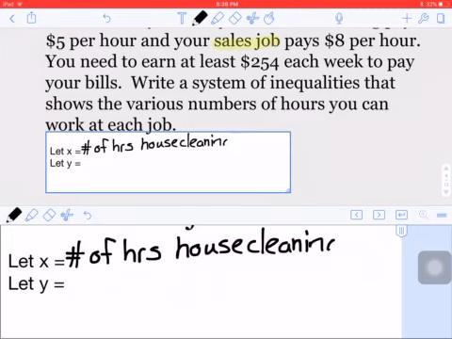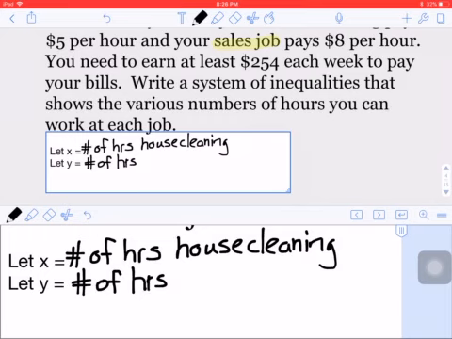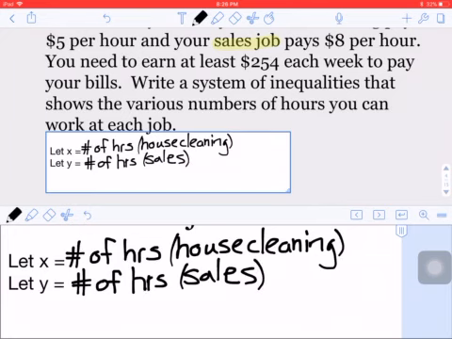And then y will be the number of hours for sales. I don't know what we're selling here, apparently it just says it's a sales job. So I'll say number of hours sales in parentheses, and we'll stick the house cleaning in parentheses also. So those are our two things, x and y.